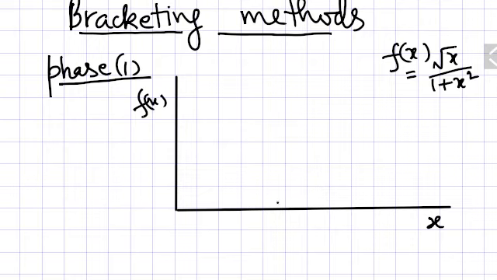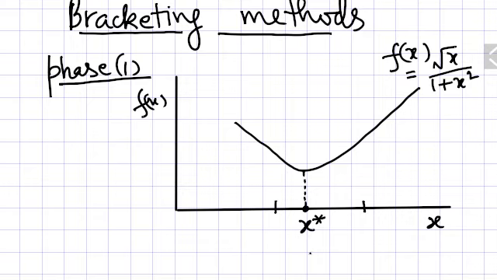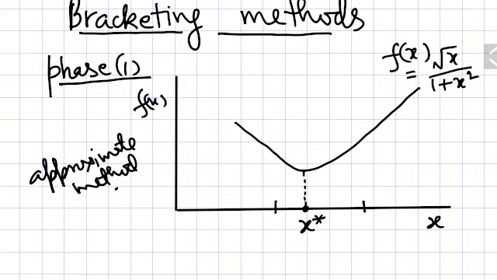For example, the minimum of the function is lying between these two points, and the function goes like this. We are not finding the stationary point at the minimum, but actually applying some approximate method. There are many methods like this, we will see them later.